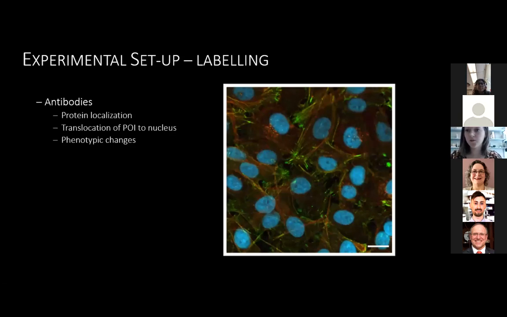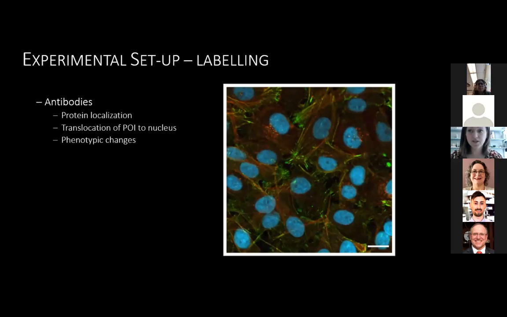Then you have to think about what you're going to label your cells with. Antibodies are really common. One of the downfalls of using antibodies is that your cells typically have to be fixed, which means that they have to be dead. So one of the things that you can do with antibodies is you can look at protein localization. Is your protein localized at the membrane? Is it in the nucleus?